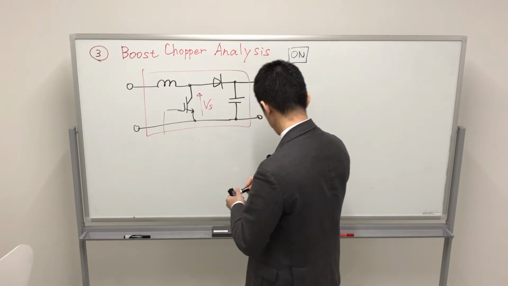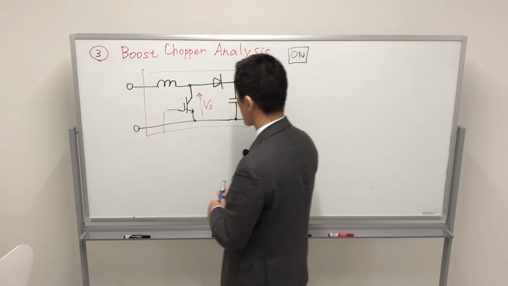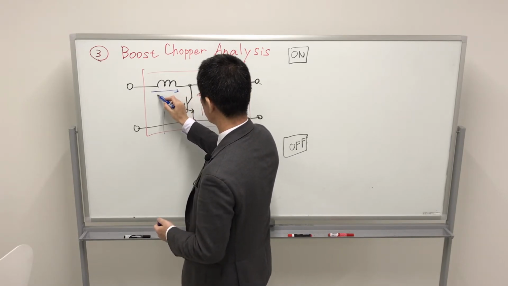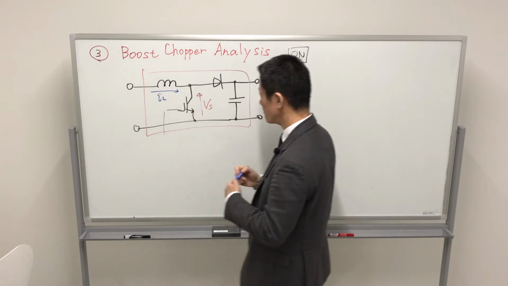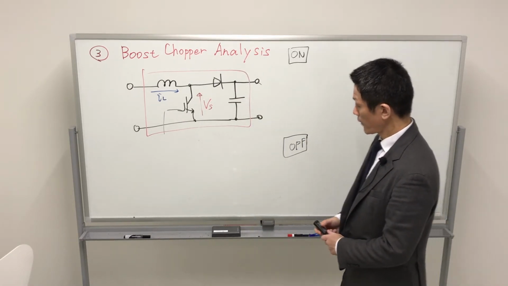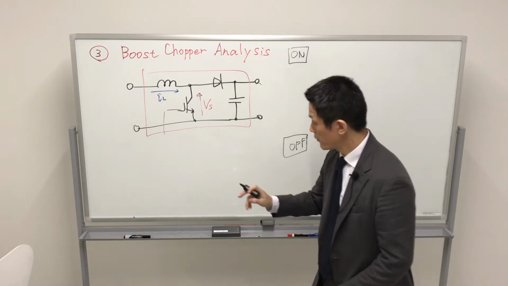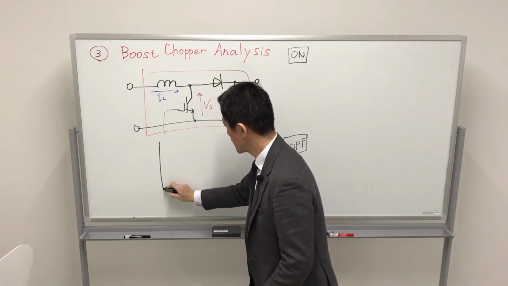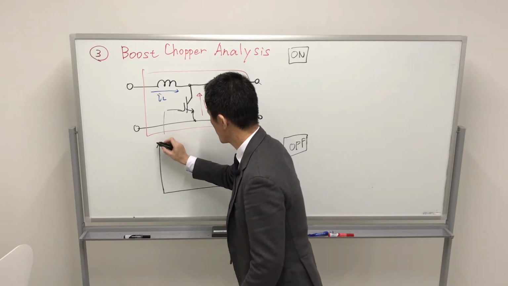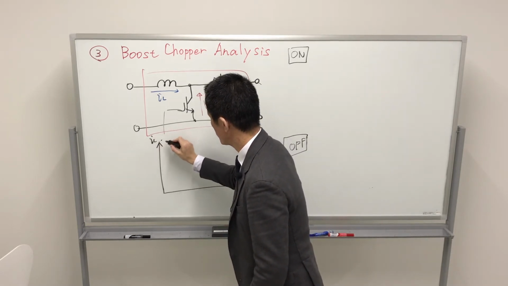Vs. And how about the current? IL. And first illustrate each parameter, IL and Vs.